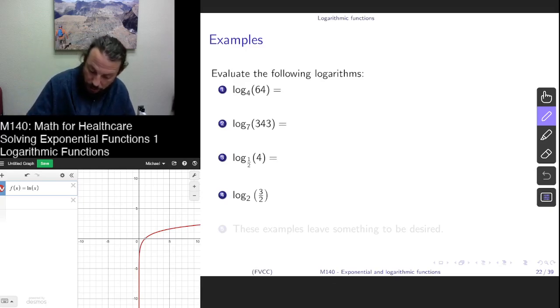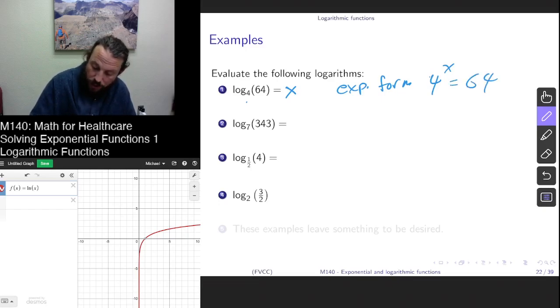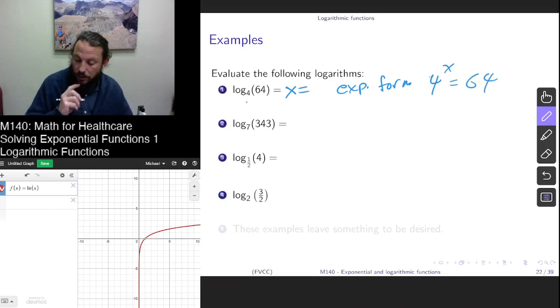Okay, we could solve these. Let's say we're searching for this number over here, x. We want to know what that value is. We could put it in the exponential form if we have a tough time thinking about what x is. This is good practice of what logarithms mean. It means 4 raised to the x. 4 raised to what number gives me 64?